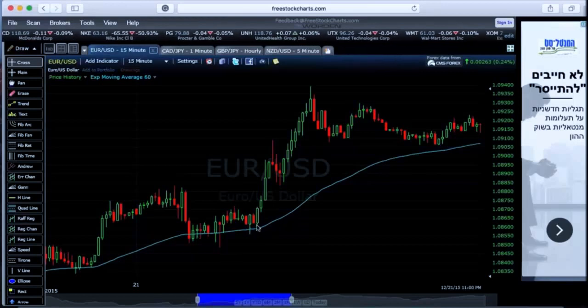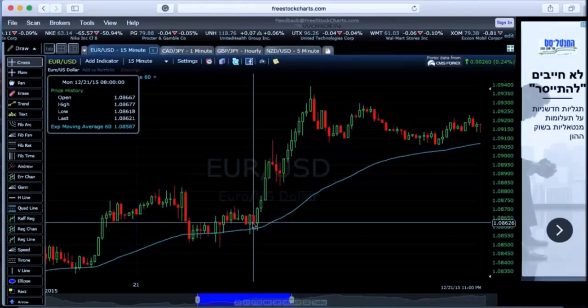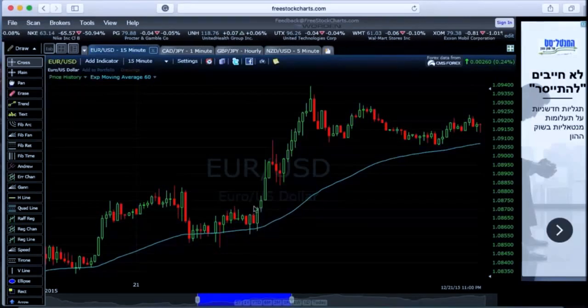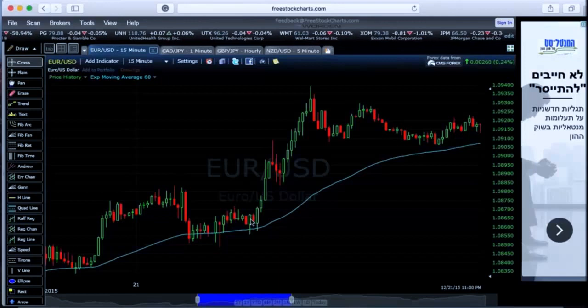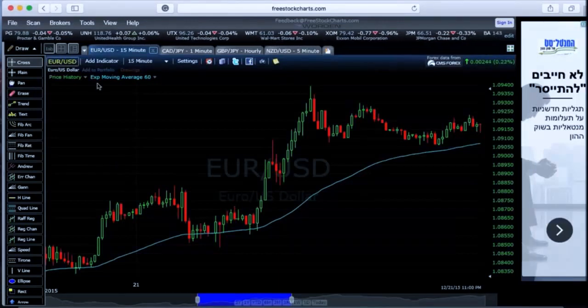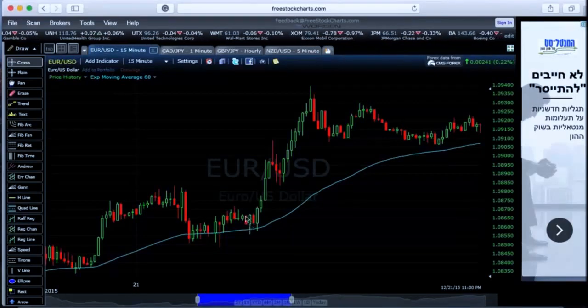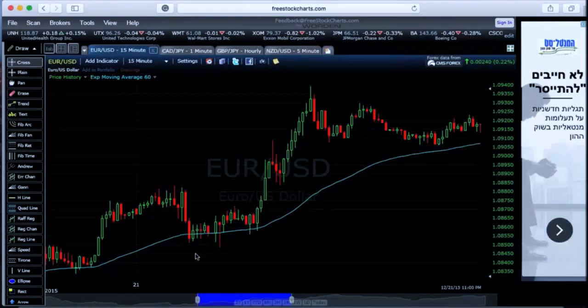As you can see, the 60 moving average kind of acts as dynamic resistance or support, in this case an uptrend. So in this candle, we're waiting. If on an hourly chart we wait for between 20 to 30 pips, on the 15-minute chart you can wait between 10 to 15 pips to enter the trade.